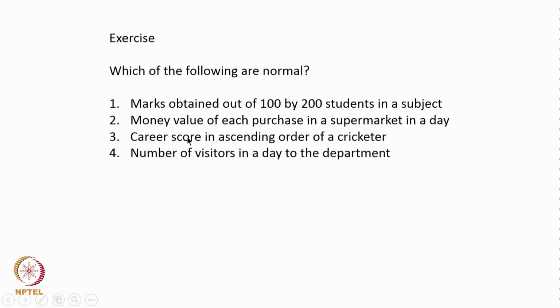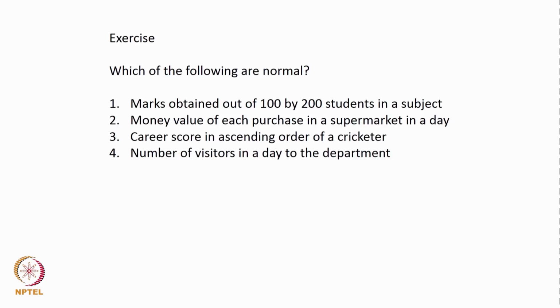But when we are talking about an exam in a subject, we have clearly defined boundaries, let us say 0 to 100, and therefore we do not have values going to infinity and so on. In spite of that, we could expect a reasonable amount of symmetry, and we could think of this as close to a normal.